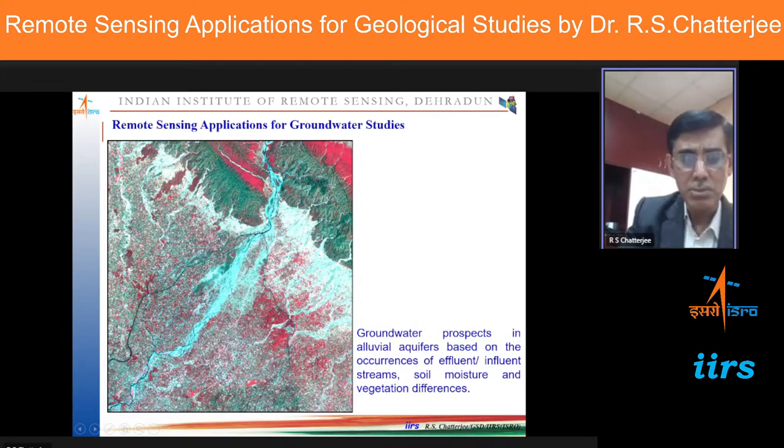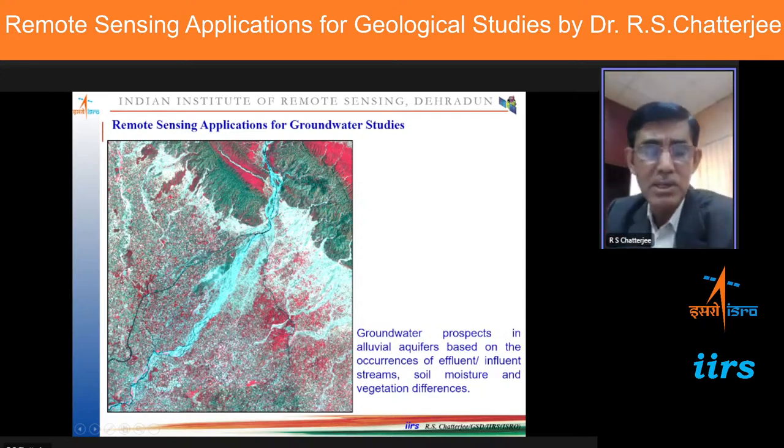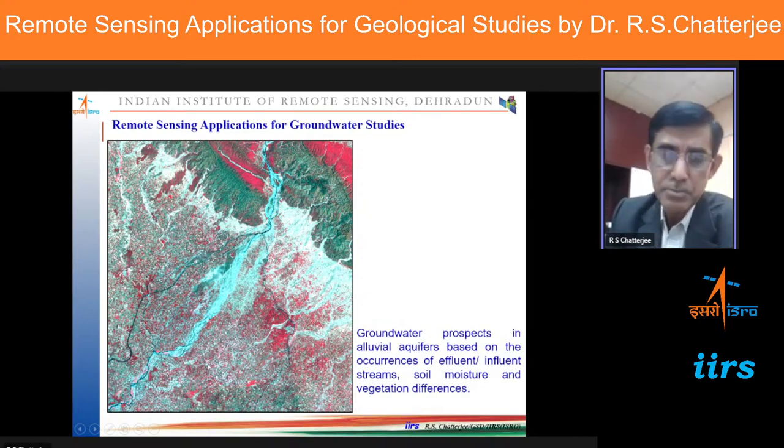It's a dry river bed. But if you come down to here, suddenly water emerges on the river bed. Isn't it? So these are the effluent streams. This water is coming from the base flow. So here the water is available very near to the surface, and that is the reason vegetation growth is more and soil moisture is high.